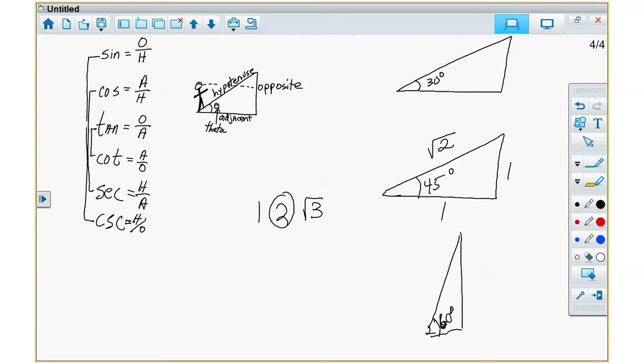So that means 2 will go right here, and 2 will go right here on the what? Hypotenuse. So now you just match up the shortest side. What's shorter, 1 or 1.7? 1. So this is 1. This is square root of 3. This is square root of 3. And this is 1.